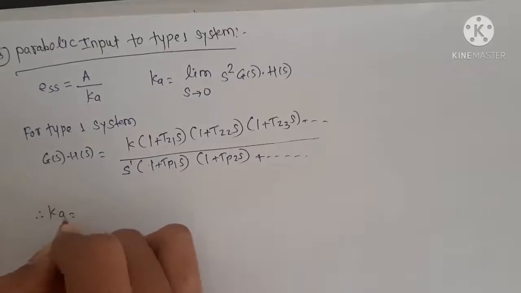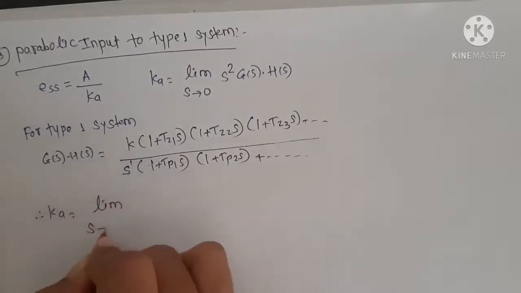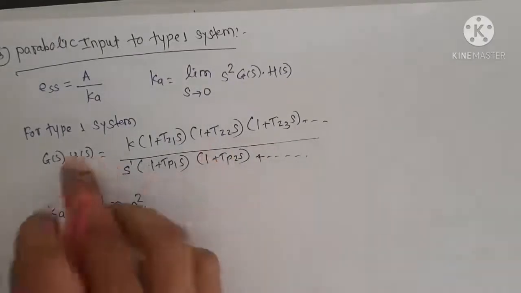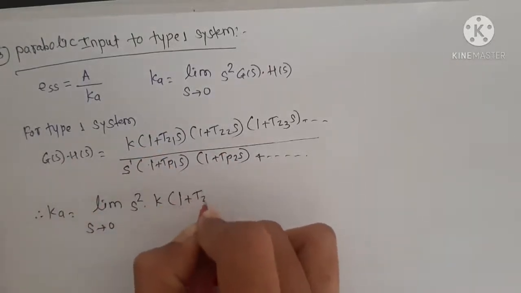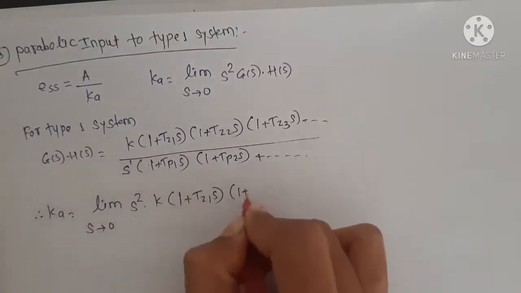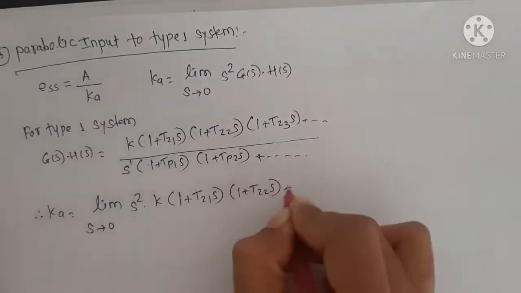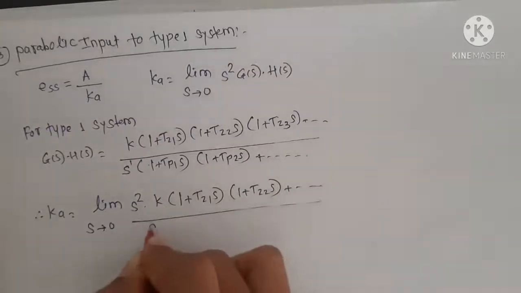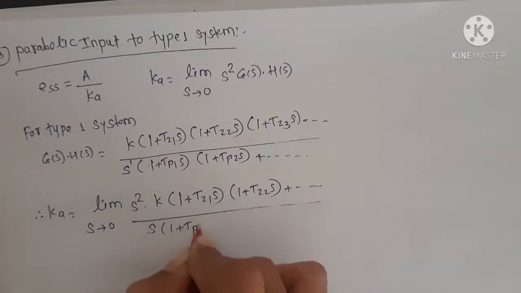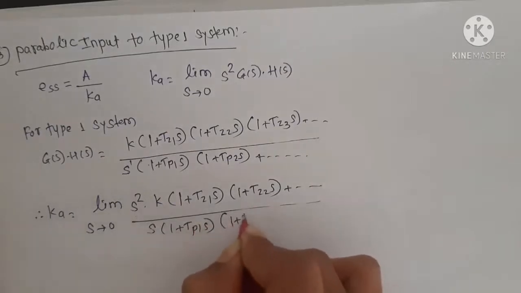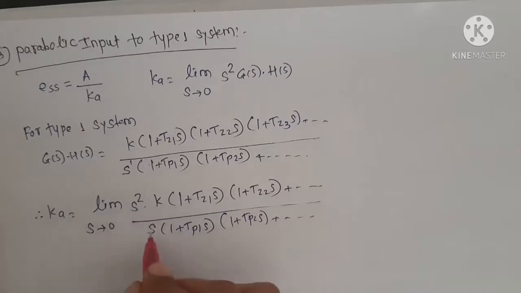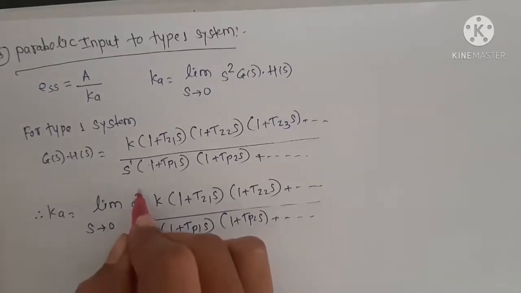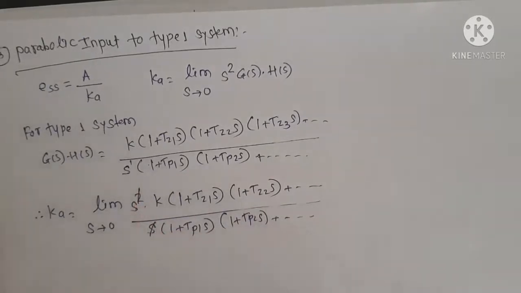Therefore Ka is equal to limit s tends to 0, s square, G(s) into H(s) is nothing but K into (1 + Tz1 s)(1 + Tz2 s)... upon s(1 + Tp1 s)(1 + Tp2 s)... Here two s are there, here one is there, so one s gets cancelled, so here s will remain.